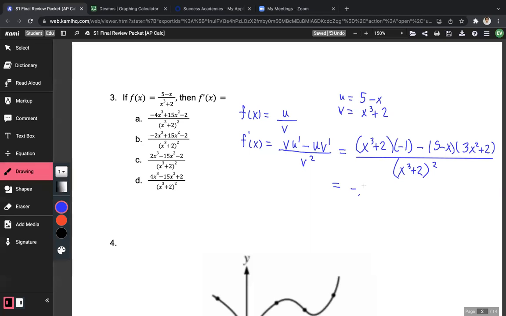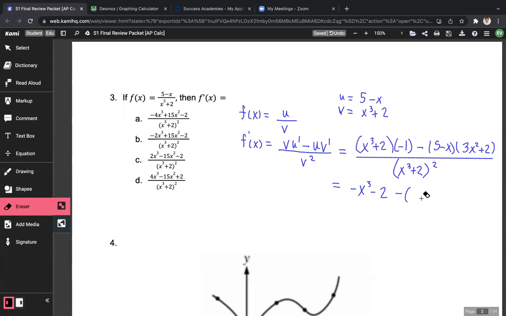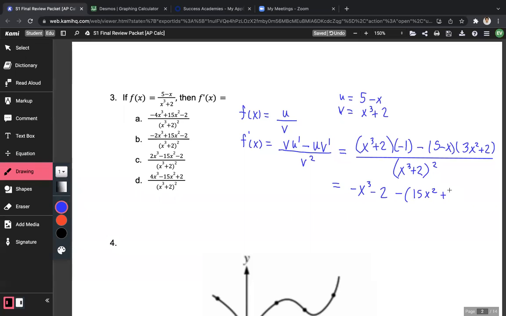What we do have to do, though, is a little bit of arithmetic on our numerator. That's 5 minus x times 3x squared, so that's 15x squared plus 10 minus 3x cubed minus 2x.